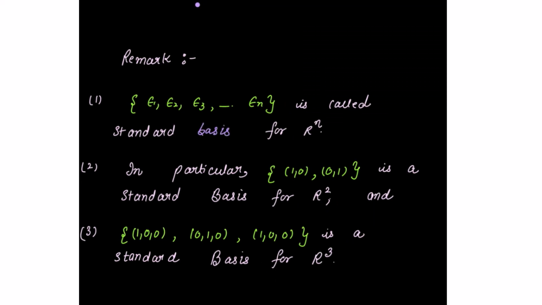In particular, if I take (1, 0) and (0, 1), this is the standard basis for R2, the 2 dimensional space, and (1, 0, 0), (0, 1, 0), (0, 0, 1) is the standard basis for R3, the 3 dimensional space. So please remember this. Whenever you have the 2 dimensional space, take (1, 0), (0, 1). For the 3 dimensional space, take (1, 0, 0), then (0, 1, 0), then (0, 0, 1).